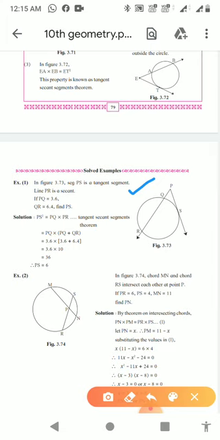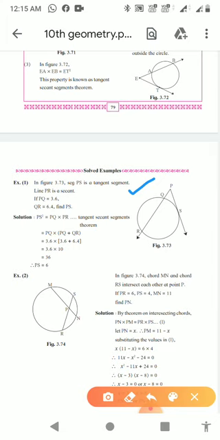Now as we recently discussed the tangent secant segment theorem, here we have to use this theorem only, and according to this theorem in this circle, PS square equal to PQ into PR, isn't it?